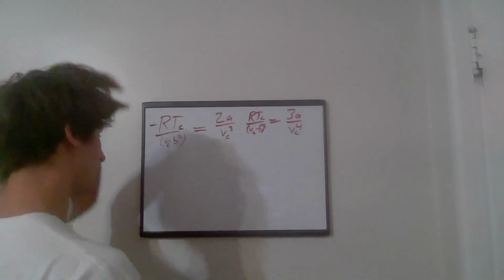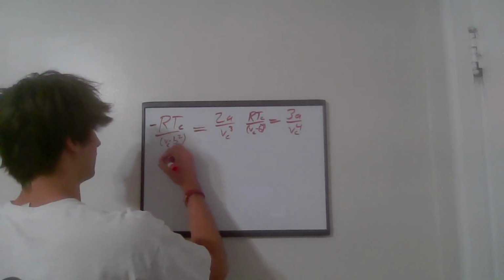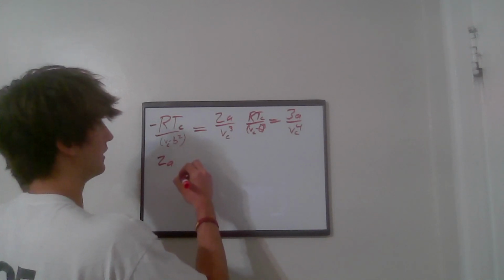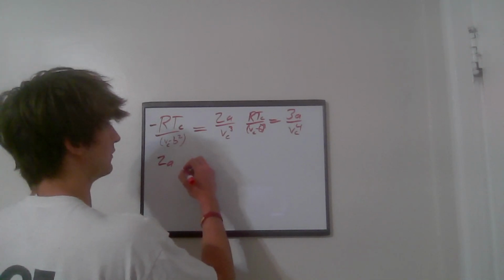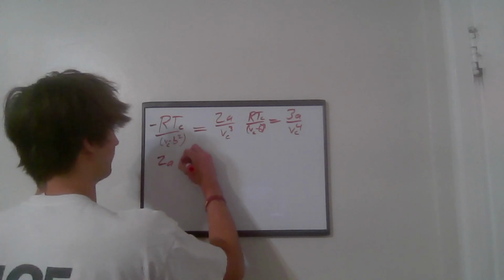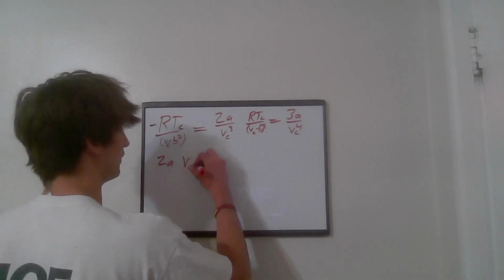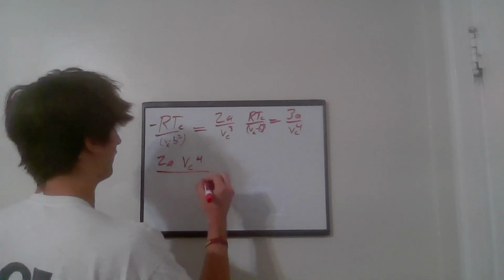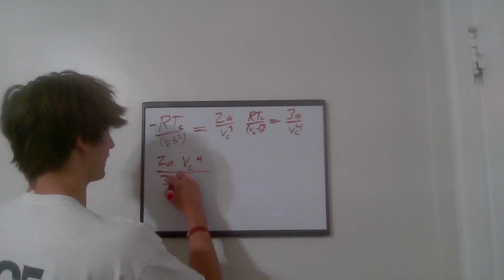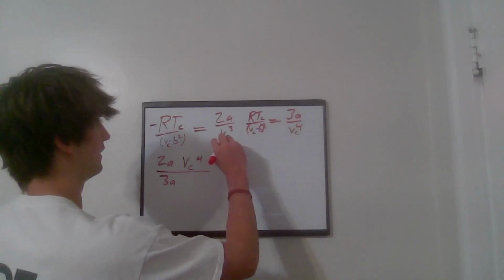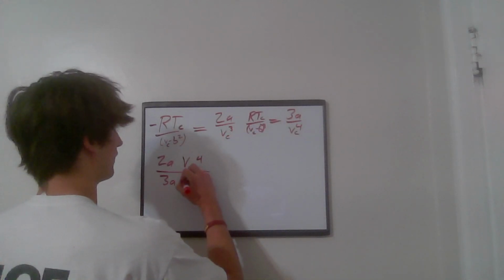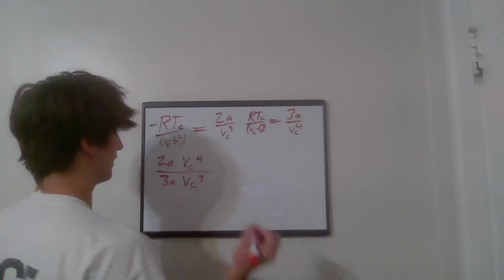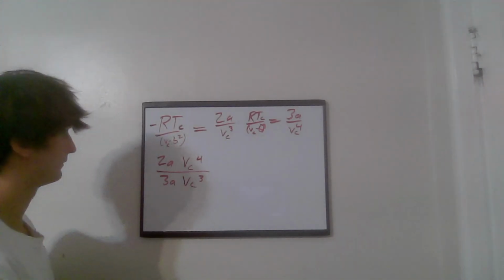And so to start with that, we can say our 2a times our V critical to the fourth over our 3a, the reciprocal is down here, of our V critical to the third. And so these can cancel out.